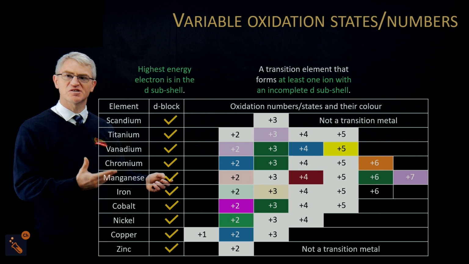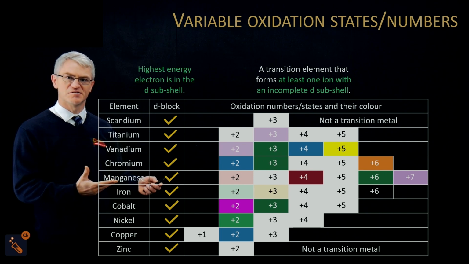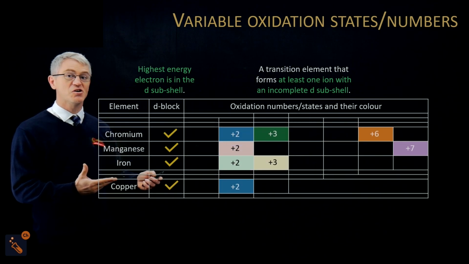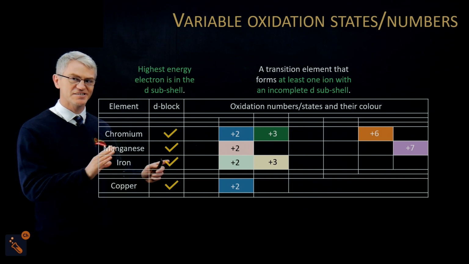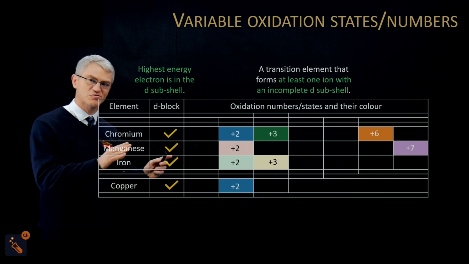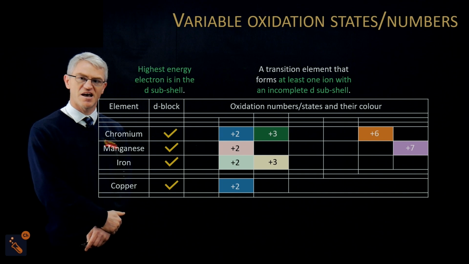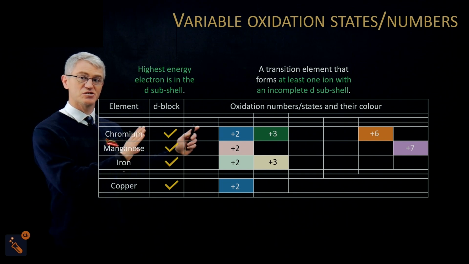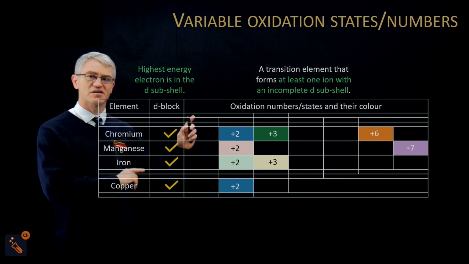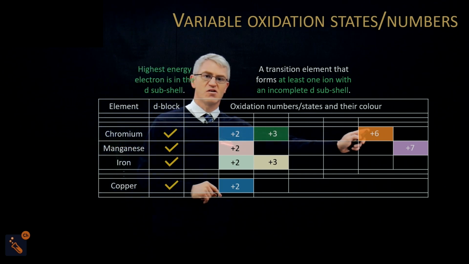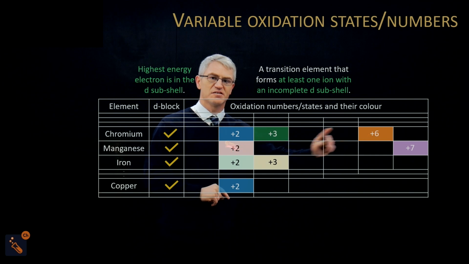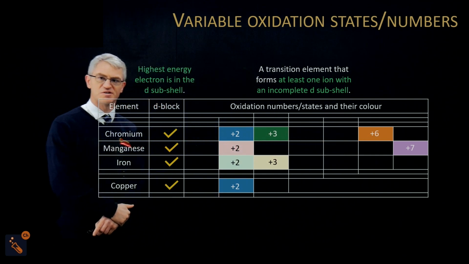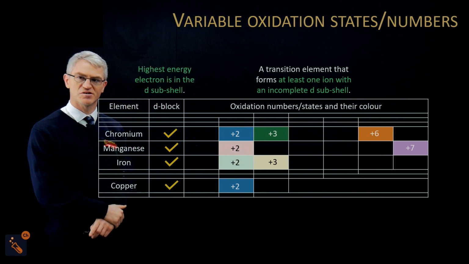But we've got some of the other ones which we're going to highlight. These are the ones that are really important, the ones you'll need to have a look at. We will go on about them in further videos and show you actual examples of this. Little things like this orange chromium 6, this green chromium 3, are really, really important, okay?